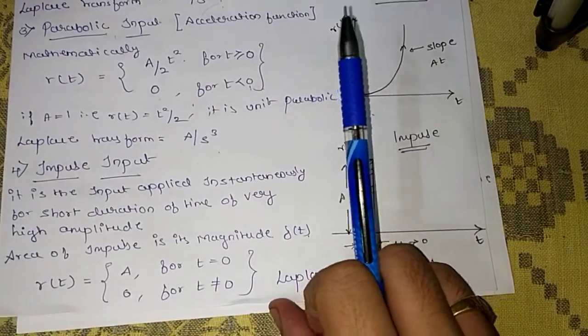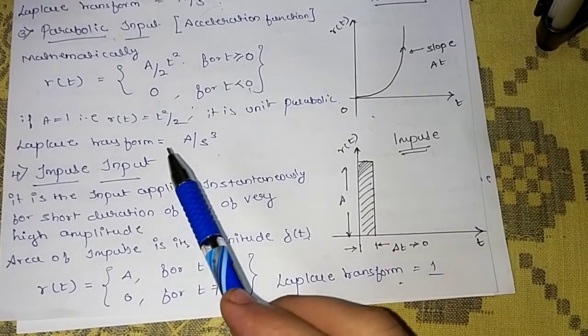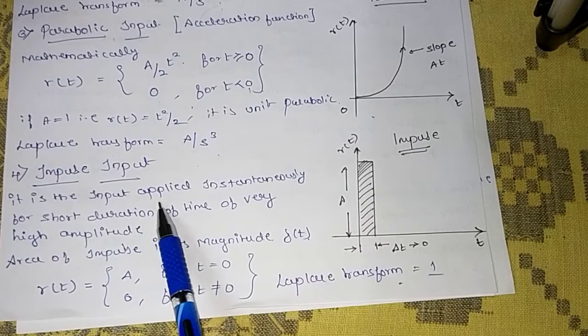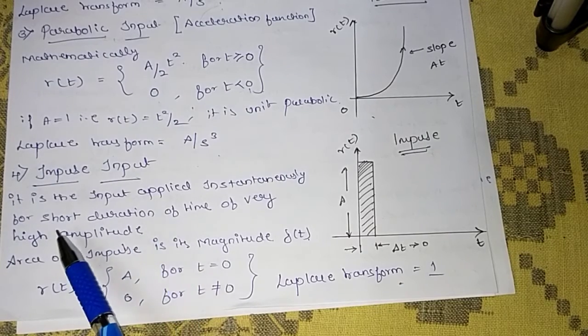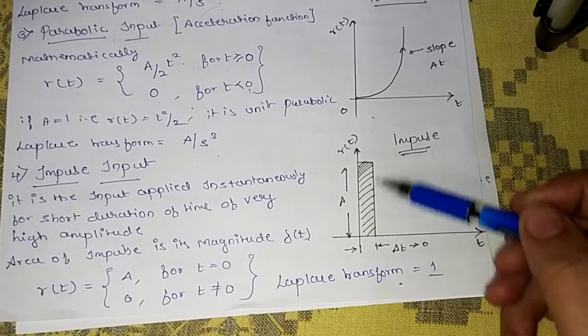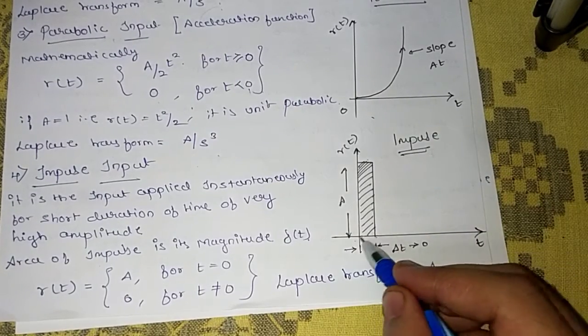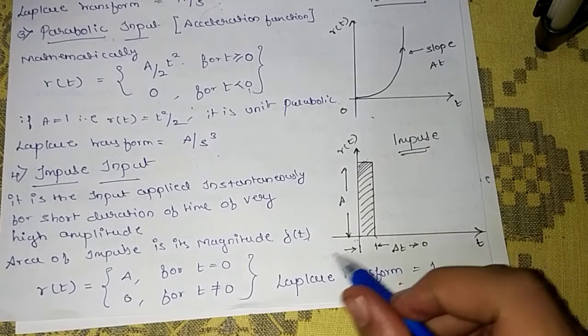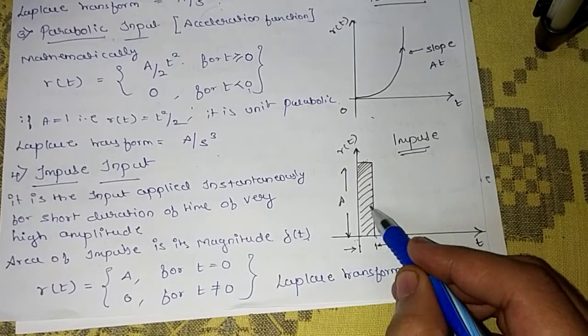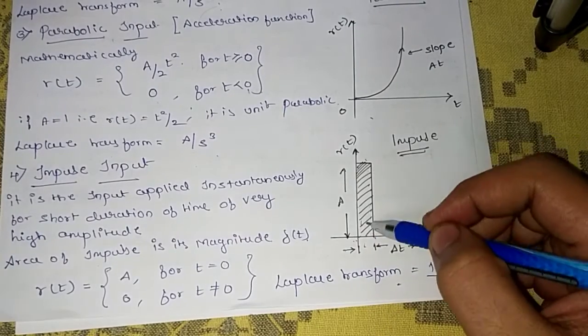Now the fourth standard test input is the impulse input. It is an input applied instantaneously for a short duration of time with a very high amplitude. Understood?